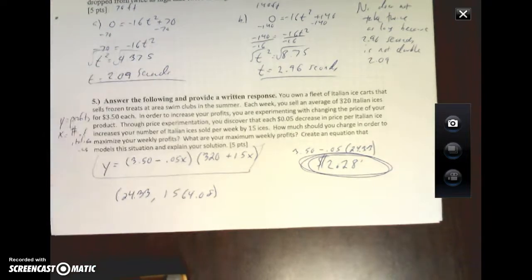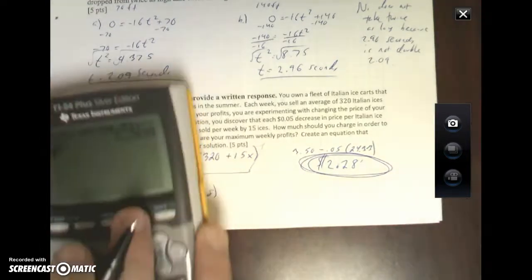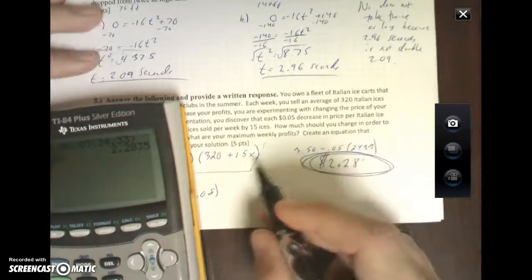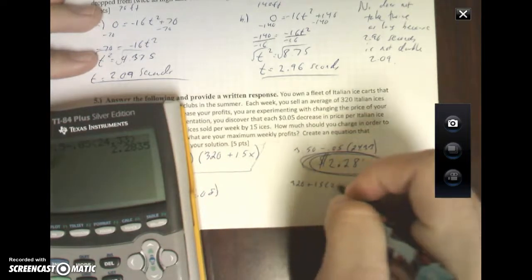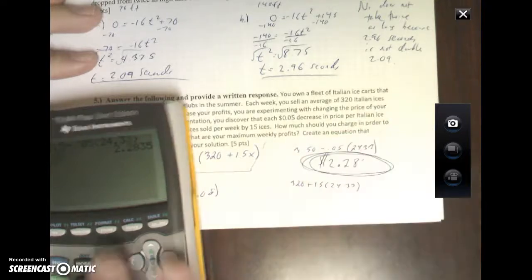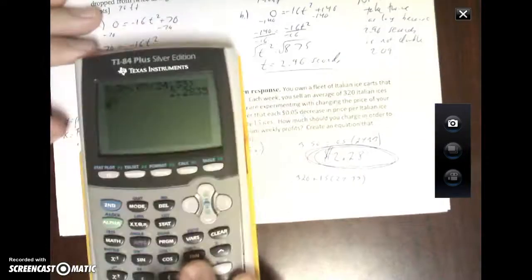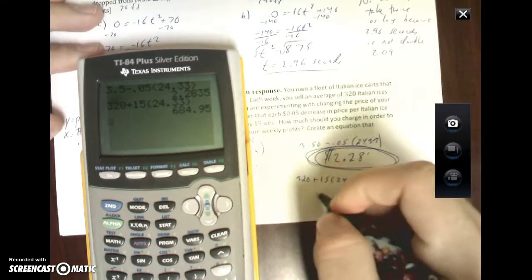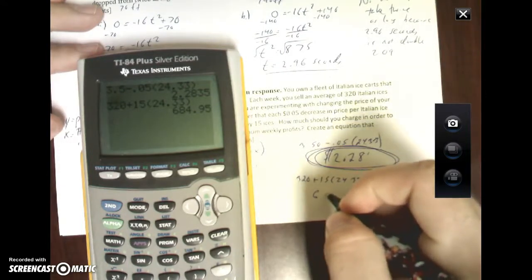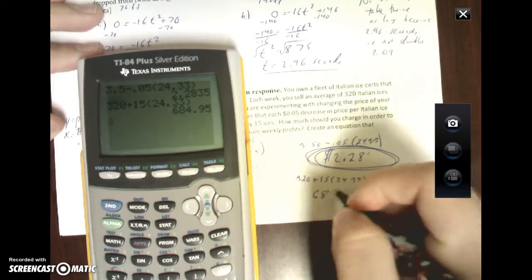Which, let's take a look now. If I plug in 24.33 back over here, let's just put this in the calculator. 320 plus 15 times that. I'm going to sell 684.95, so 685 units.